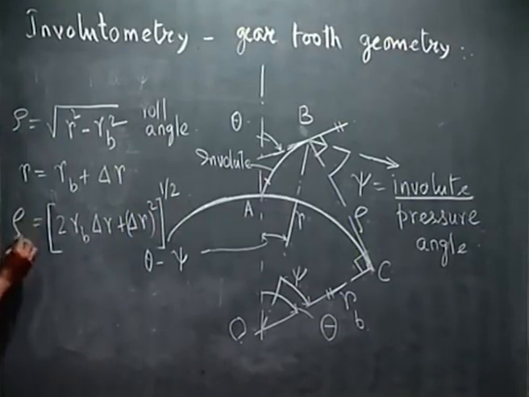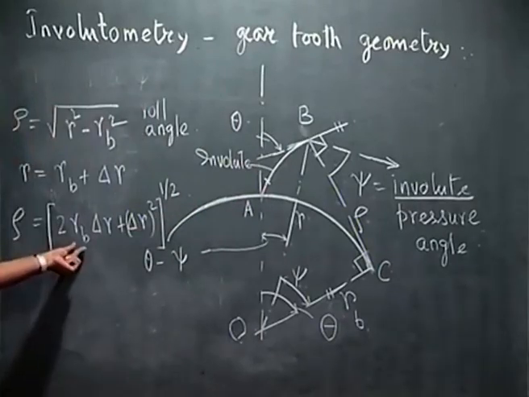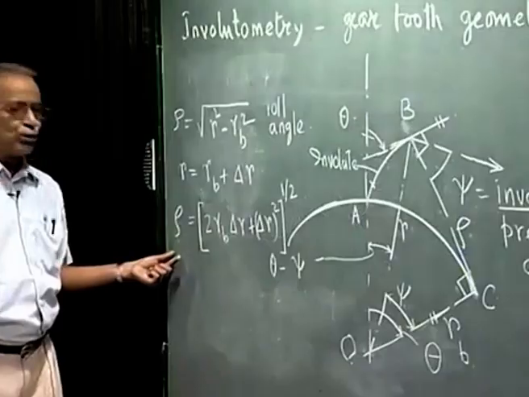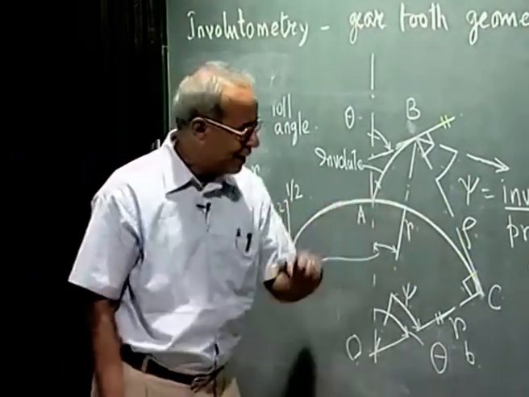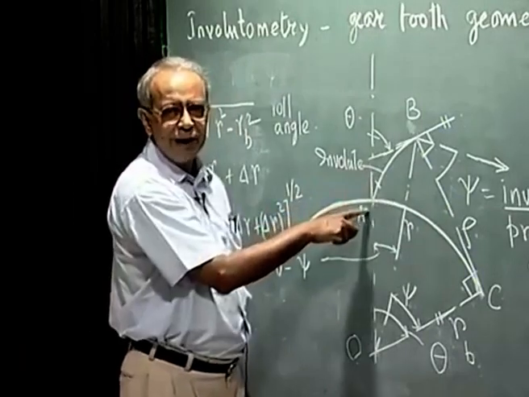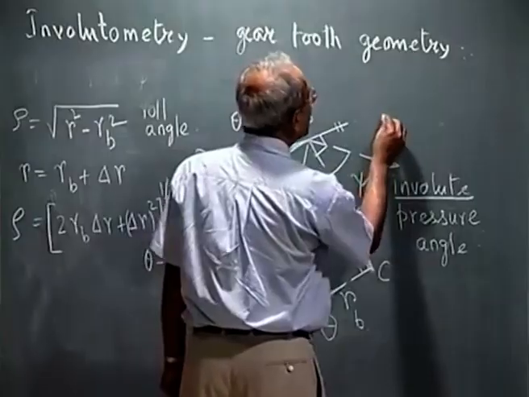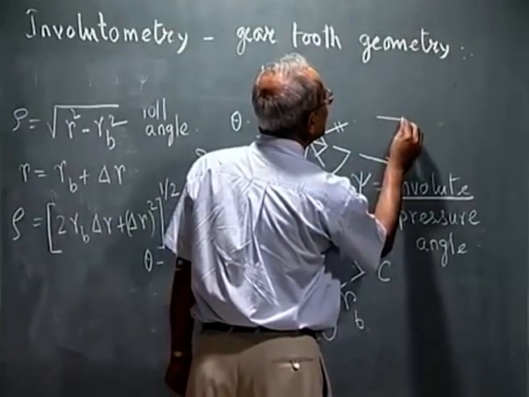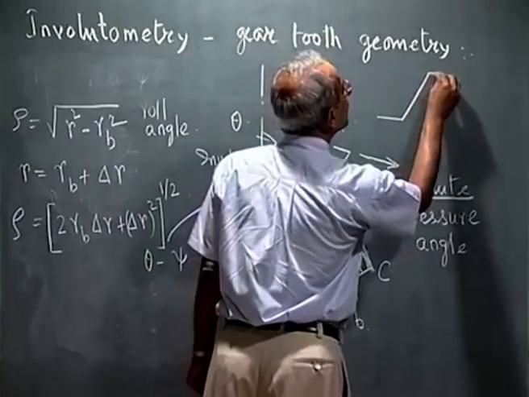This is the value of rho as we go out from this point A. Now, if RB goes to infinity, it is obvious that rho also goes to infinity, and if the radius of curvature goes to infinity, which means this profile has become a straight line. That is what we said, that if we have an involute rack, then the tooth profile from the base circle comes out in the form of a straight line.